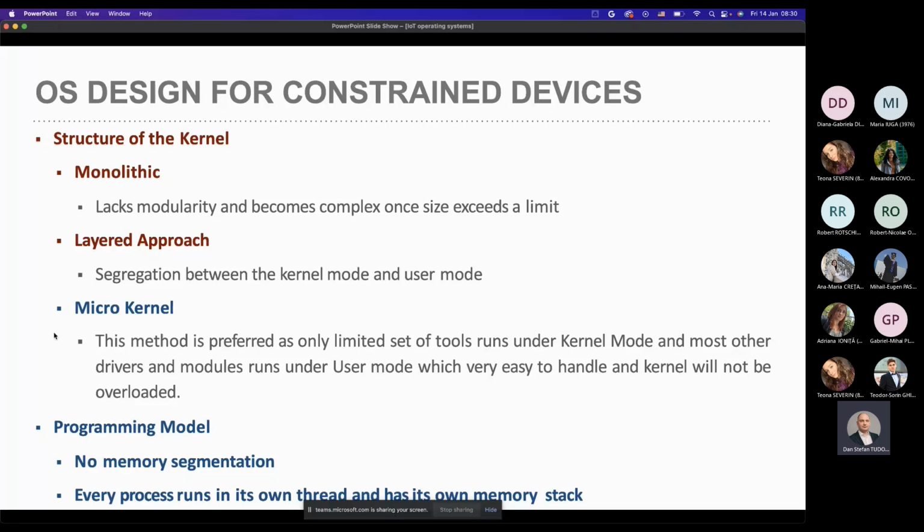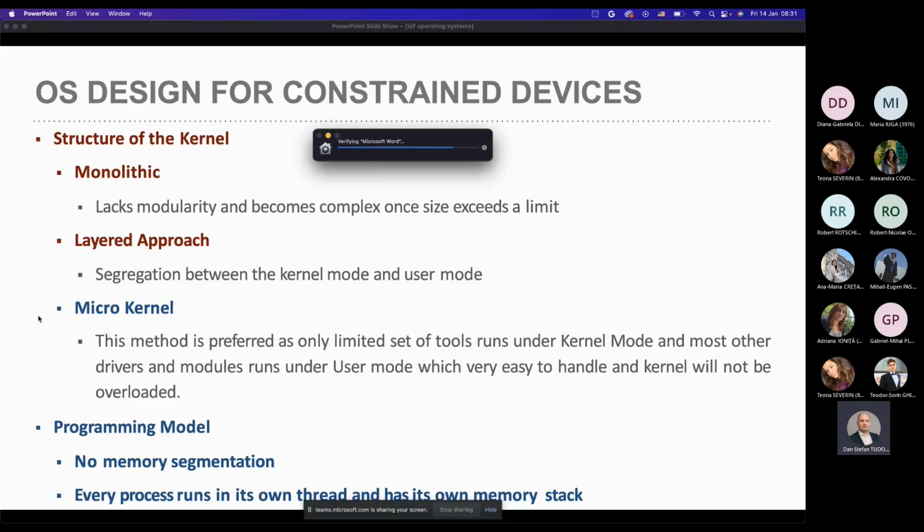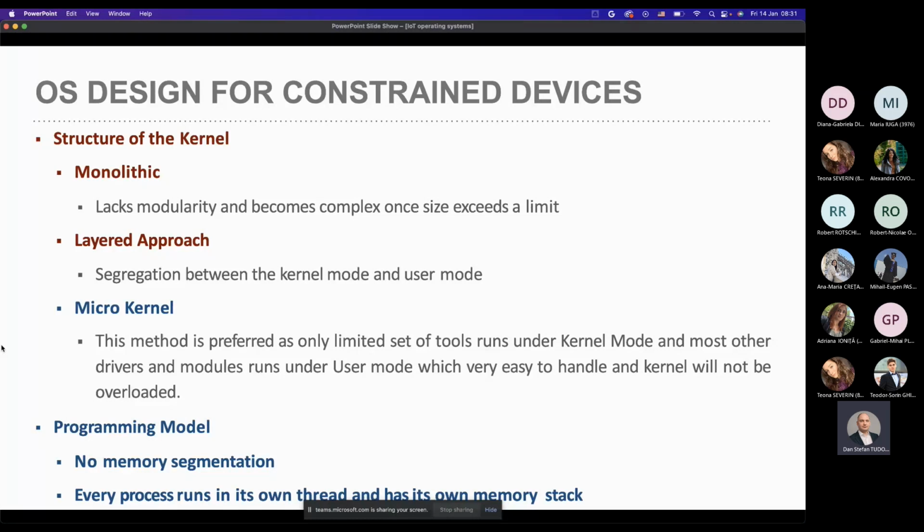So microkernel as a design philosophy is adopted usually by operating systems that have not gone into the mainstream very much, but you can actually see this organization in some of the operating systems that we're going to present.